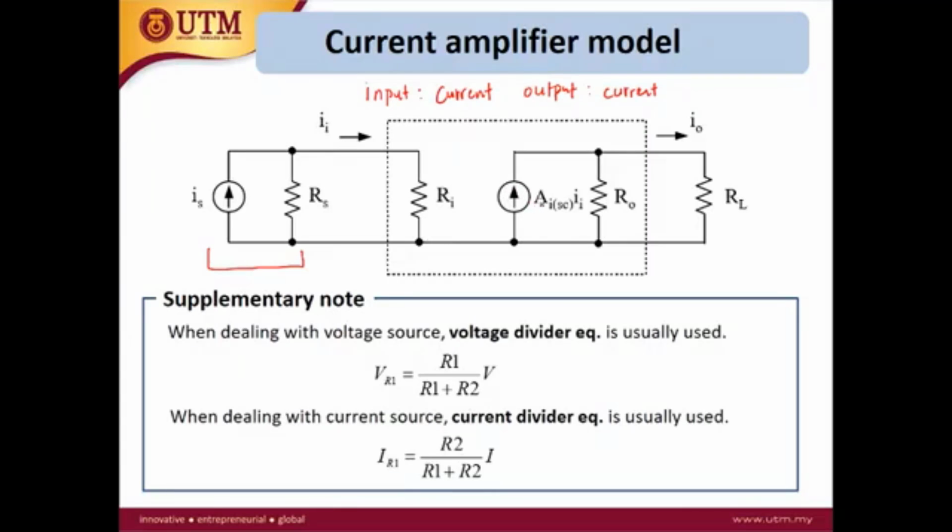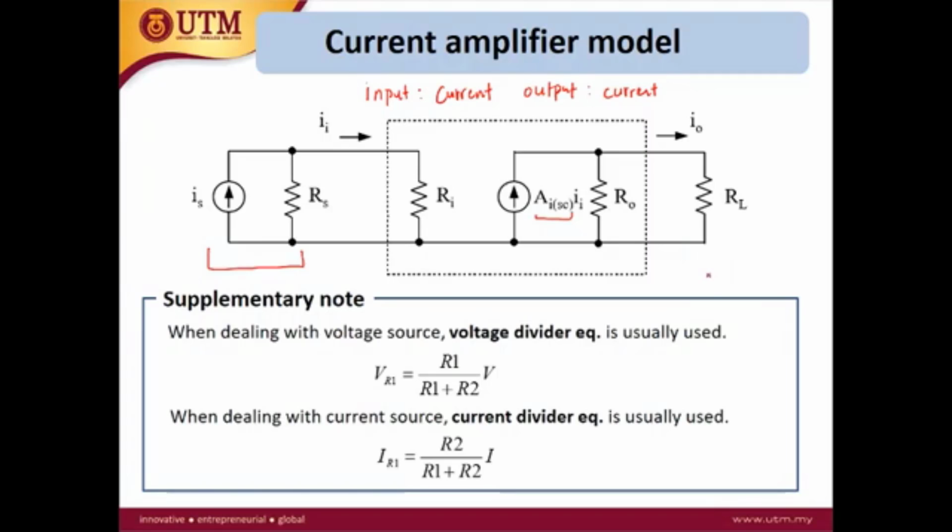So we have A_I, the current gain, and I_i is the input current, and the output of the model is the output current. The output current will drive the load R_L.